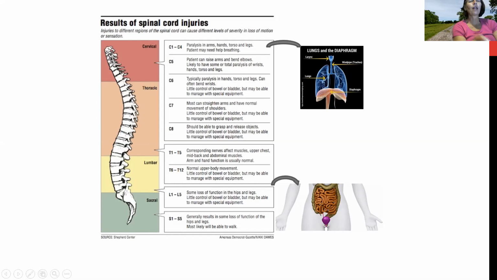So if we're looking at life changes and the way your life is affected by the spinal cord injury, we're talking C1 through 4, respiratory. At T12 and below, we're going to have bowel and bladder function. With injuries higher than that, we're going to have incontinence issues. The rest of it is just going to depend on how much movement based on which dermatomes are affected by the nerves that are damaged.